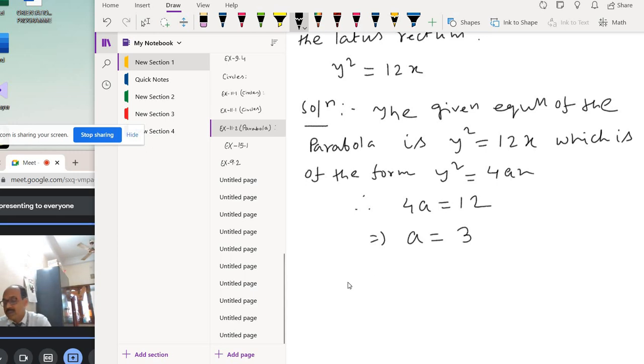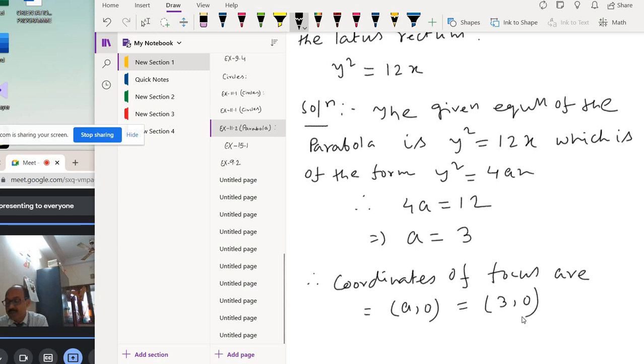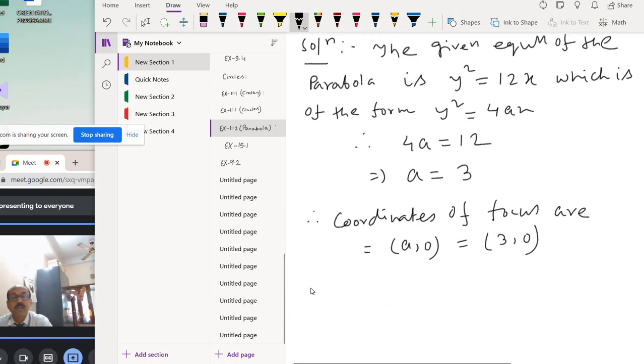Okay, so coordinates of focus are therefore (3, 0). The formula is (a, 0), so (3, 0).